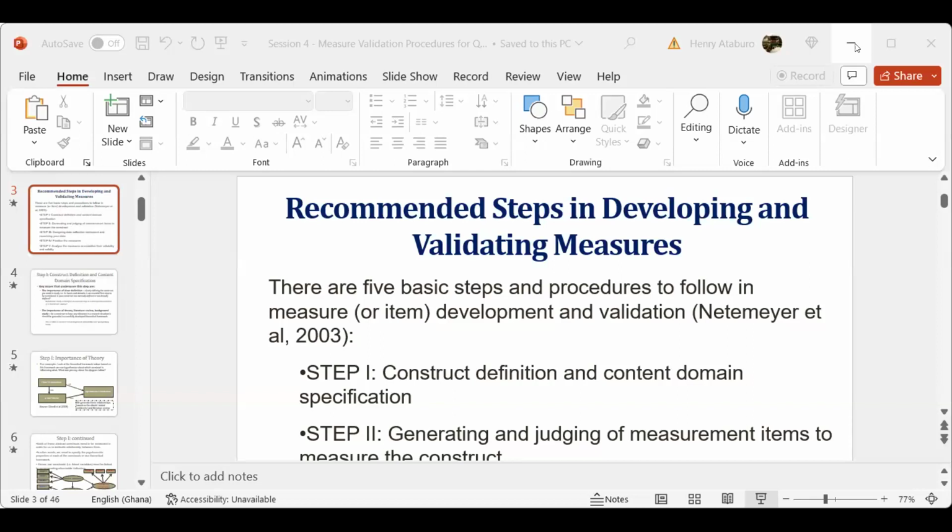validity of qualitative data. So here, we said the first step involves constructing definitions for your variables or the concepts you intended to study to capture their true domain. Then the next step is that you generate and judge measures, or what we call items, or what we call indicators for each of the constructs.